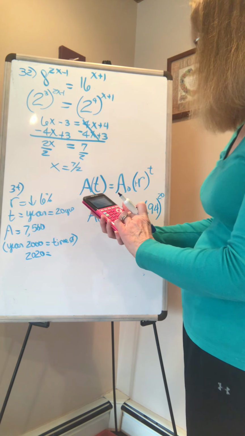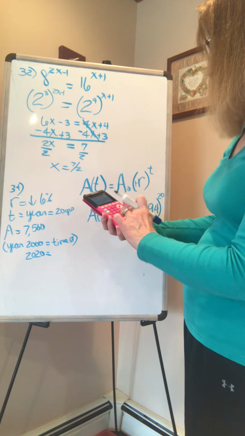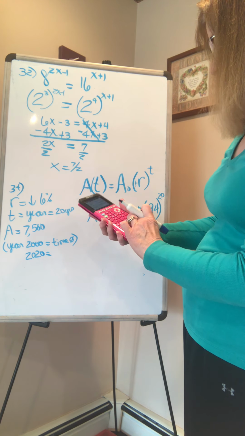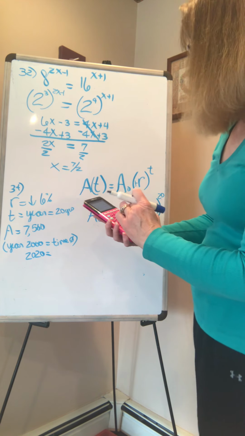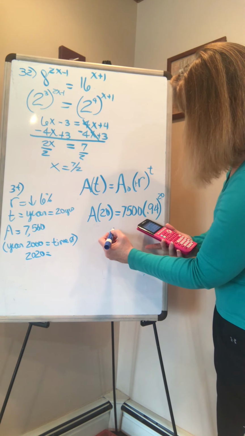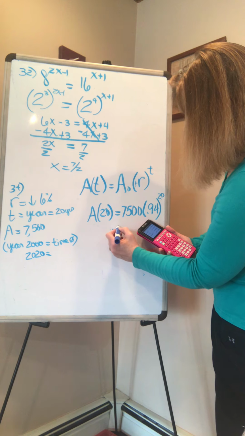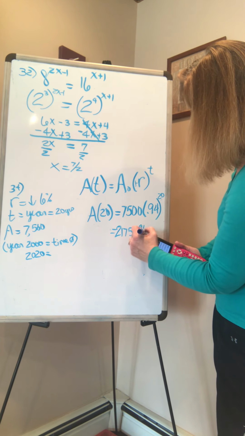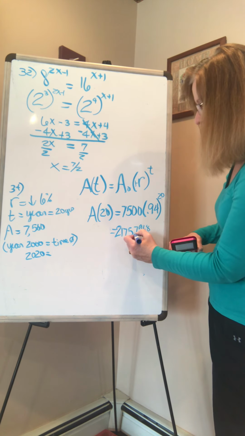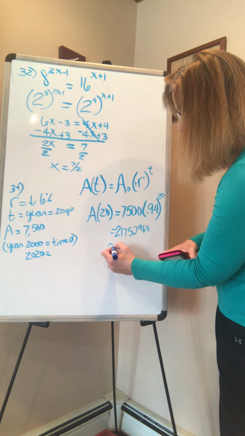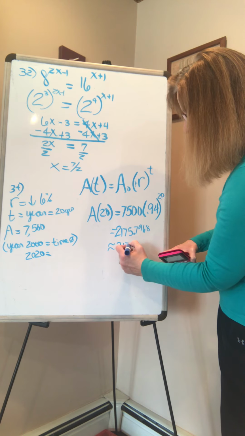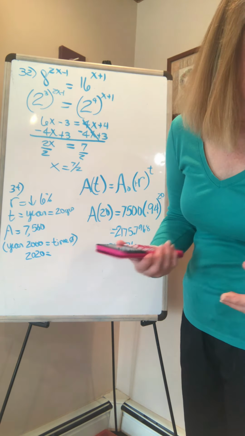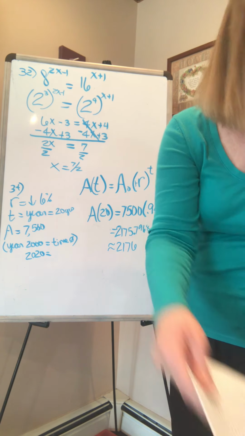This one's a straight plug-in. 7,500 times 0.94 raised up to the 20th, and I get that there should be 2,175.7968 people. Now you can't have a piece of a person, so this would be 2,176 people. Nearest integer they said, because you can't have a piece of a person.